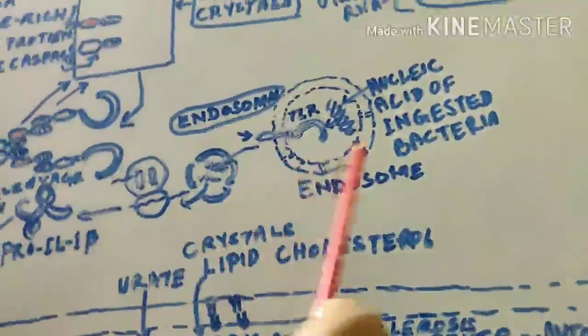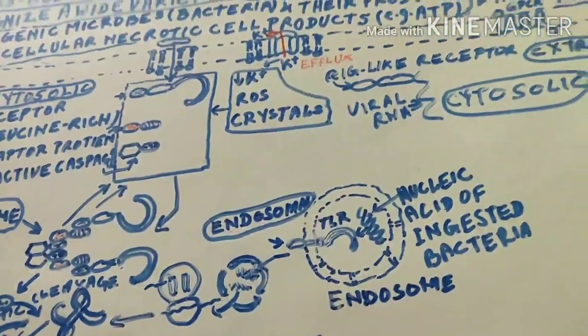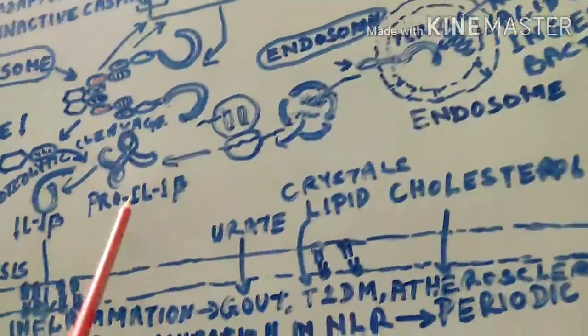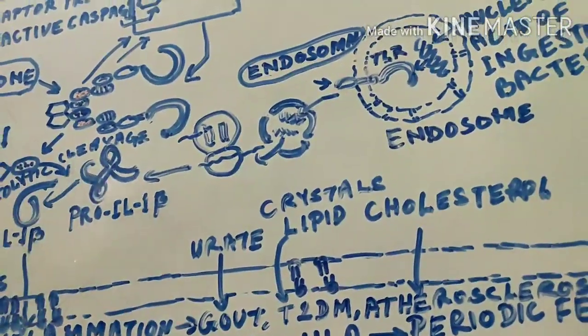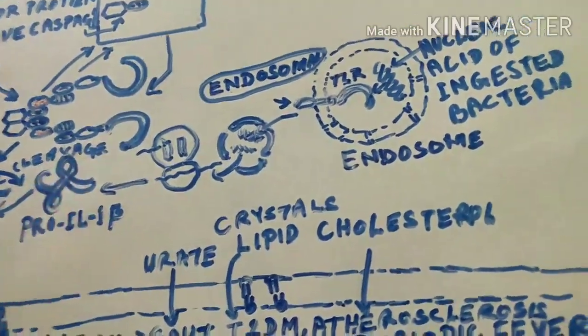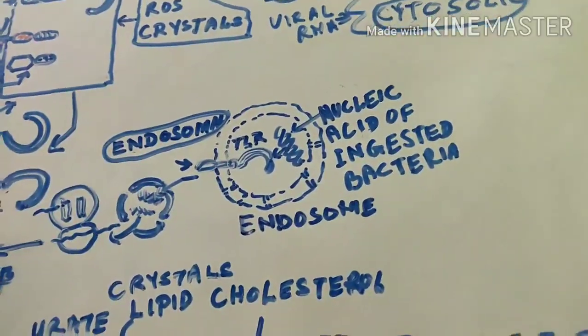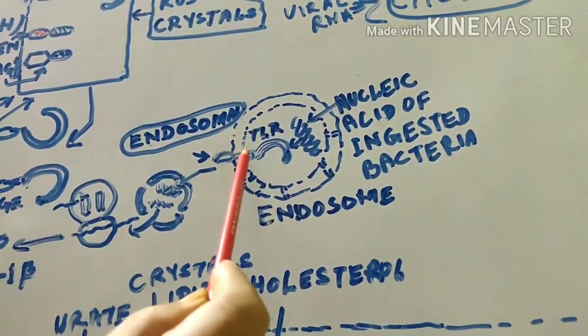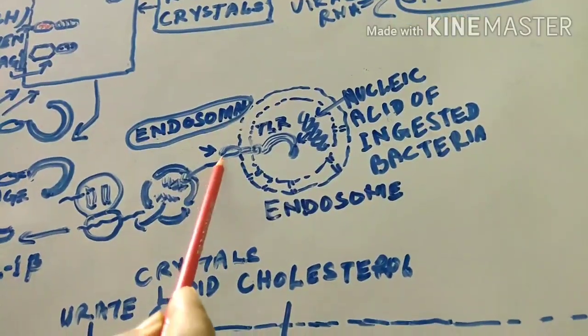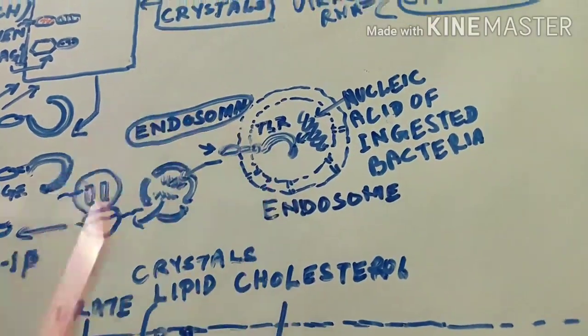Now you can see another picture showing how pro-interleukin 1 beta is produced. It is produced by stimulation of an endosomal receptor. Here you can see the toll-like receptor is also an endosomal receptor.